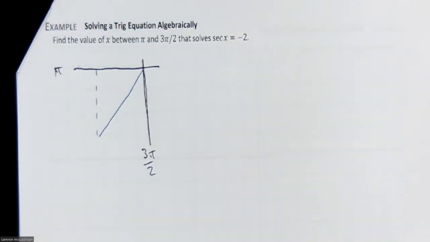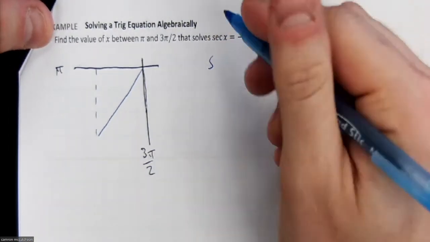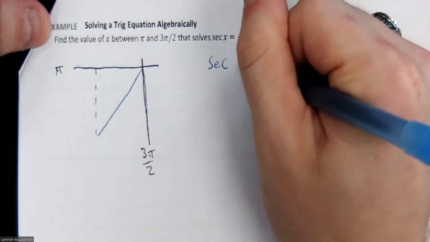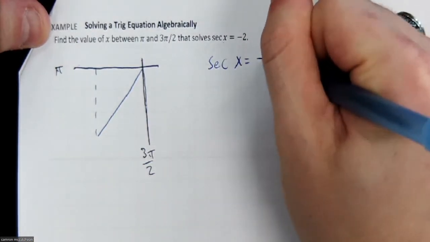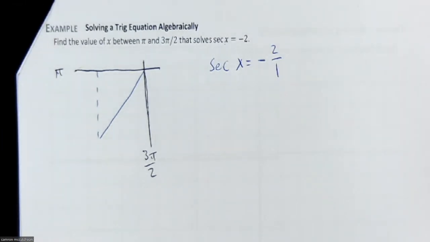Secant is the reciprocal of cosine. So since cosine's x over r, secant must be r over x, not to be confused with this x, talking about the adjacent side. So it must be negative 2 over 1. Negative 2 over 1.